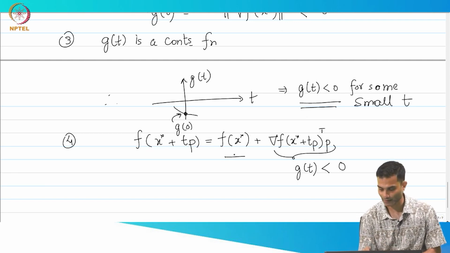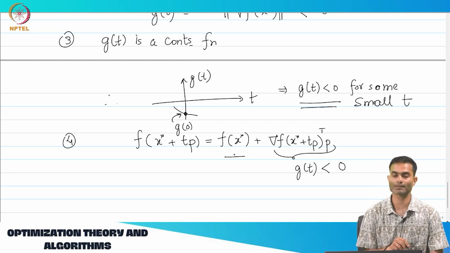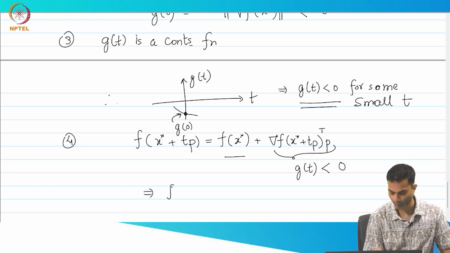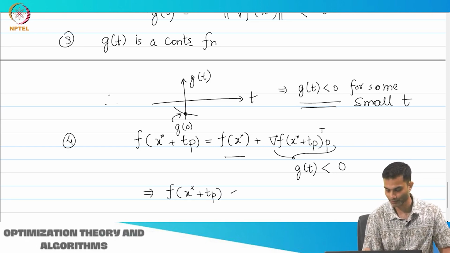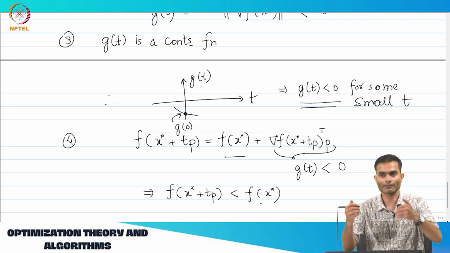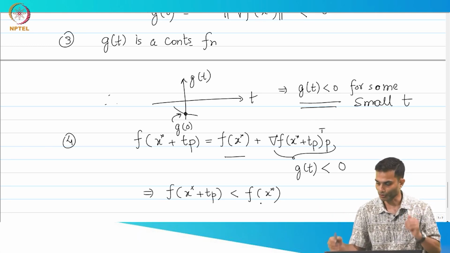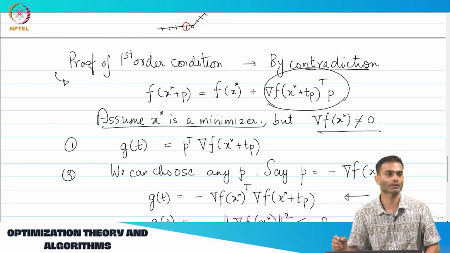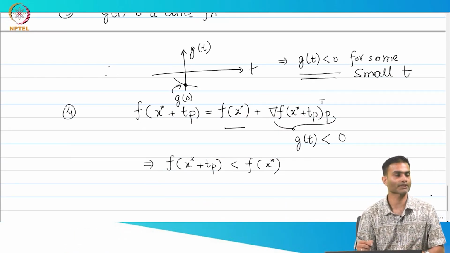I have f of x star plus a negative quantity is equal to f of x at some other point. What does that imply? Implies that now I have got f of some point given by this t and p which is less than f of x star, strictly. Its function value is lesser, it's f of x star minus something, therefore it is lower, right? So this contradicts our original statement which said that assume x star is a minimizer. Therefore, I have found a new point which is given by x star plus tp, which has a lower function value.